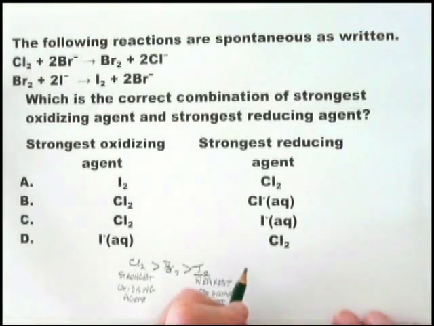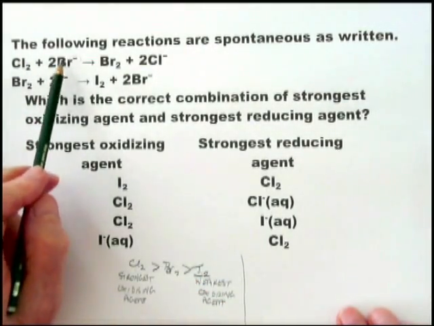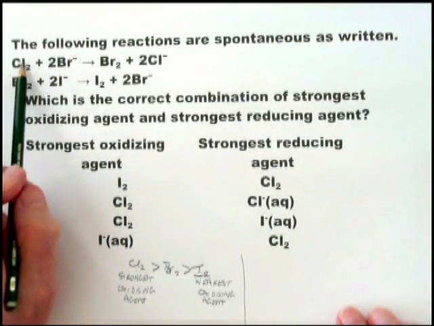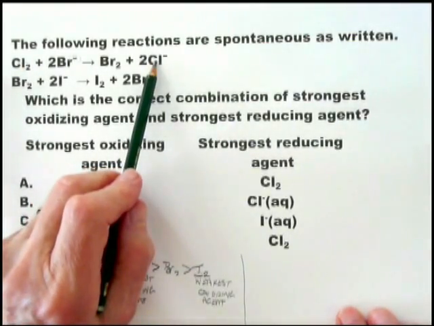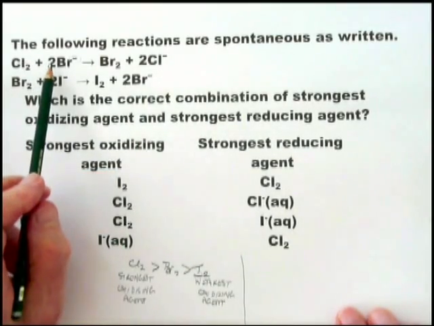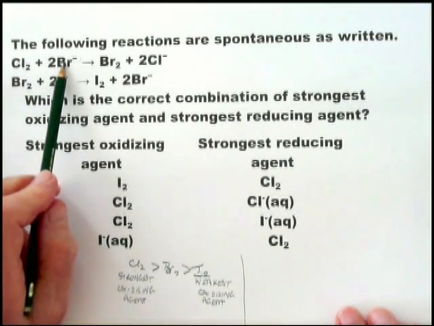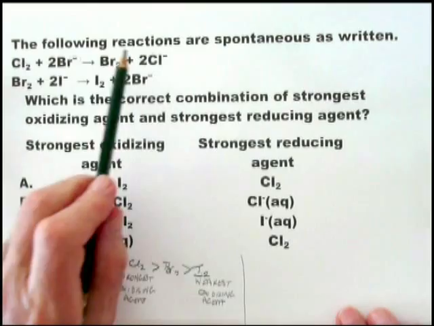Now, something does go in the other direction, and let's look at it. What is the bromide ion doing to the chlorine? Well, the chlorine is being reduced to chloride ion. Therefore, bromide ion is more powerful than chloride ion as a reducing agent.